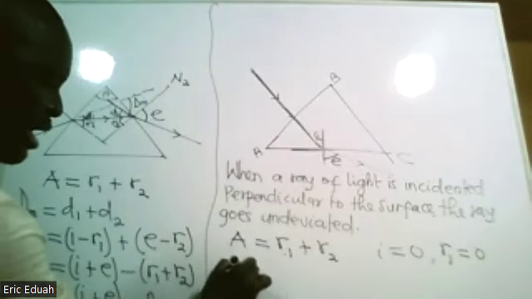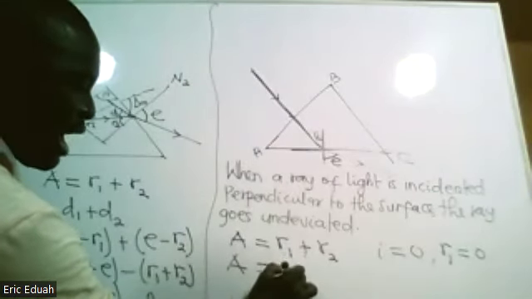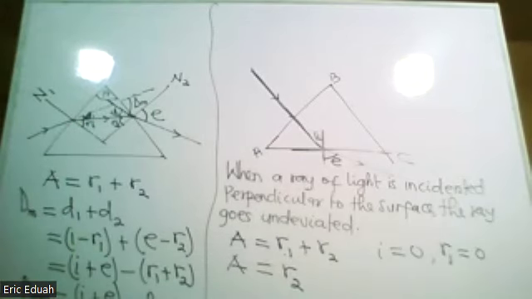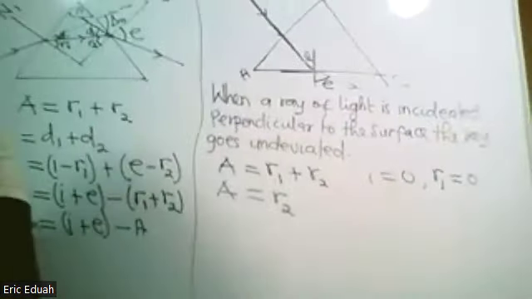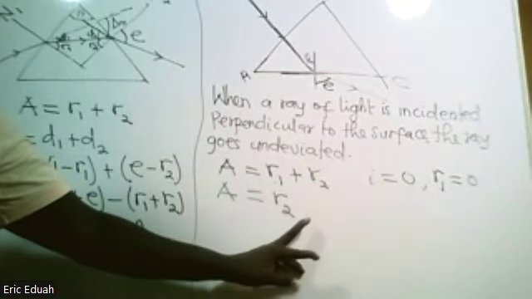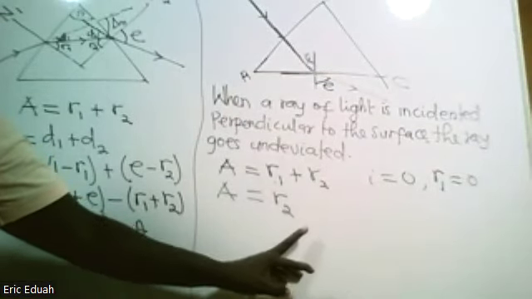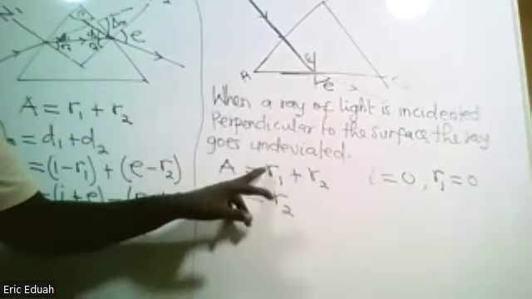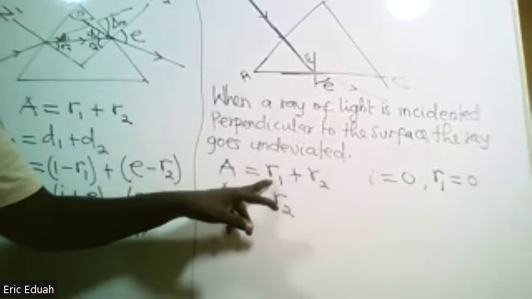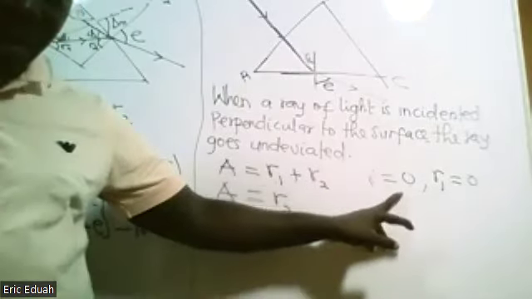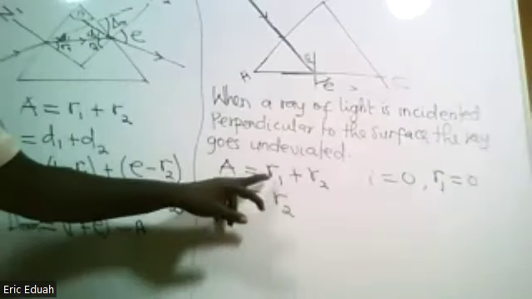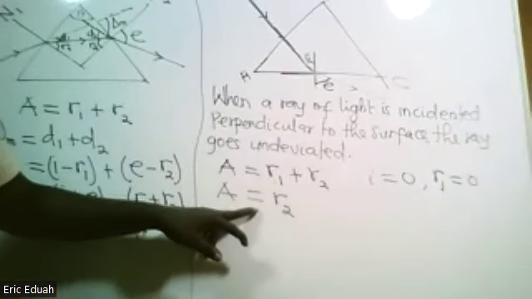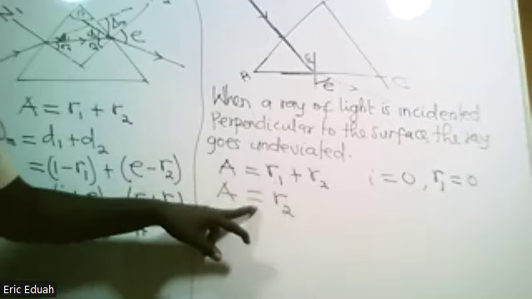So A therefore is equal to R2. Please, are we okay with this explanation? A is equal to R2 because R1 is 0, I is 0, R1 is also 0, but this is R2.